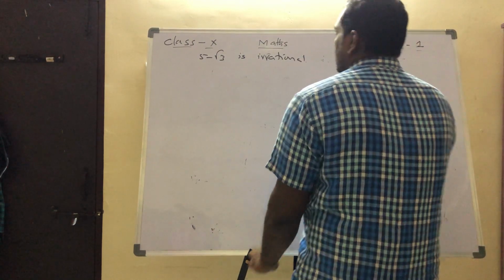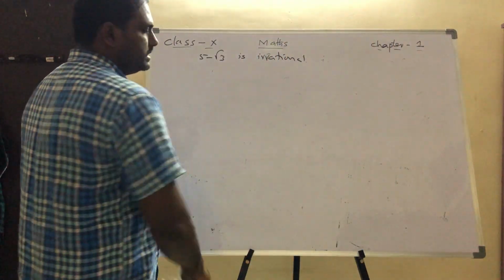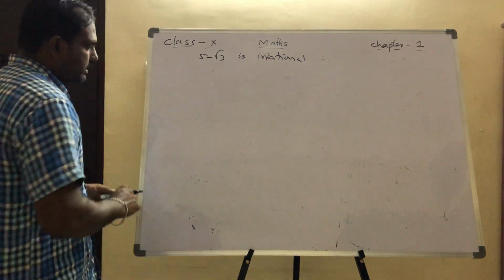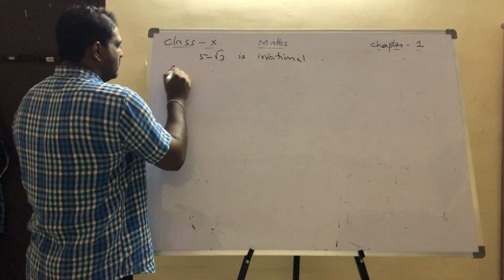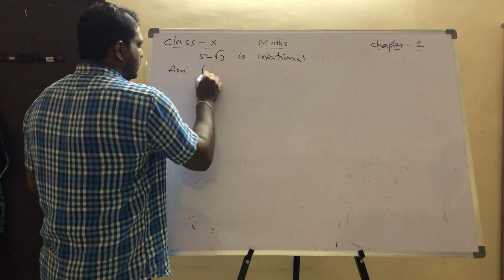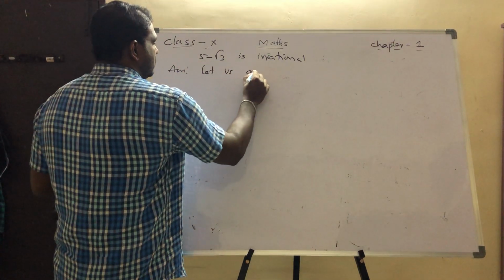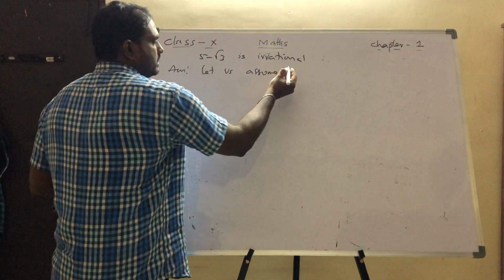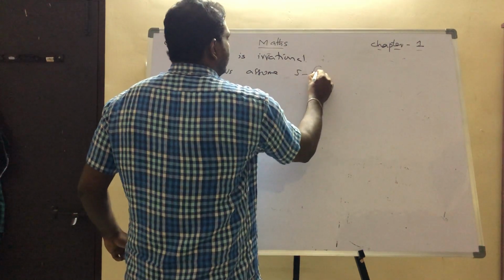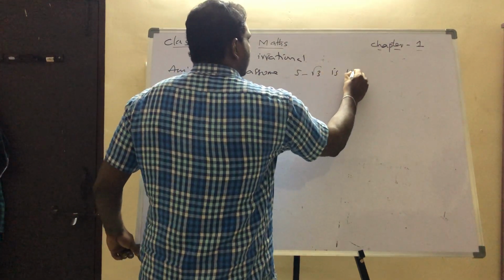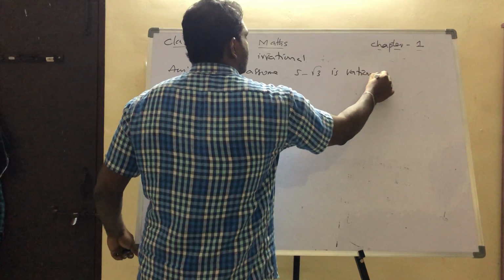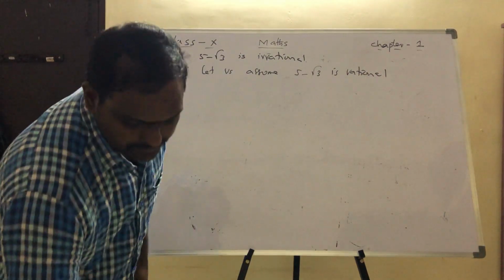Prove that 5 minus root 3 is irrational. So, what is the first step? Simply let us assume that 5 minus root 3 is rational.